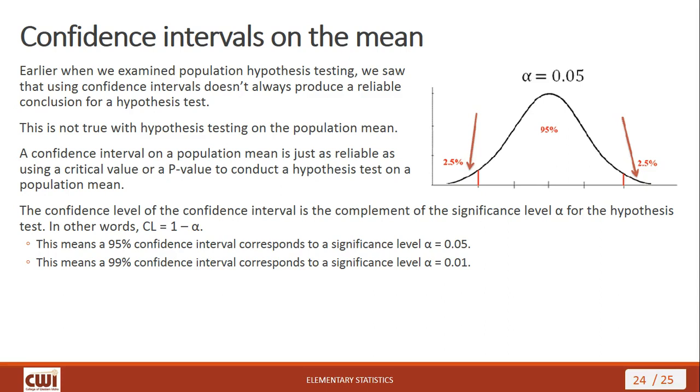So alpha level of 5% corresponds with a confidence level for a confidence interval of 95%. An alpha level of 1% corresponds with a confidence level of 99% for a confidence interval. So on and so forth. So we can actually use a confidence interval to determine the result for a hypothesis test.